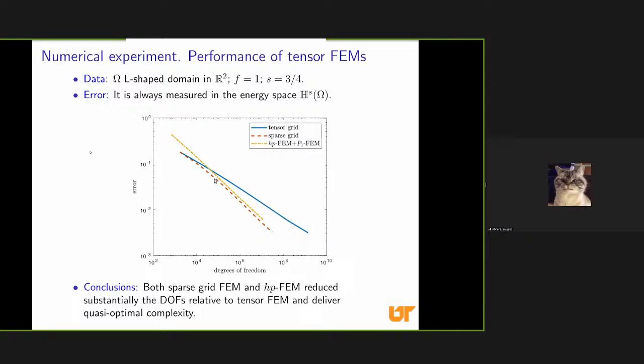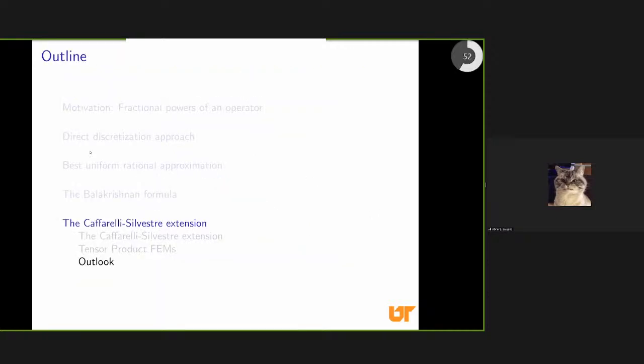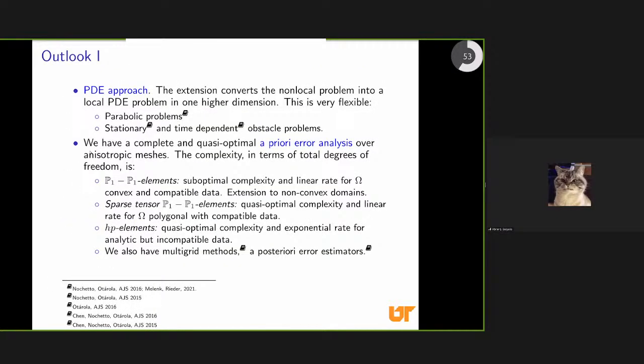But either sparse or HP finite elements in both directions gives you an optimal error estimate. So n to the minus half in this case.